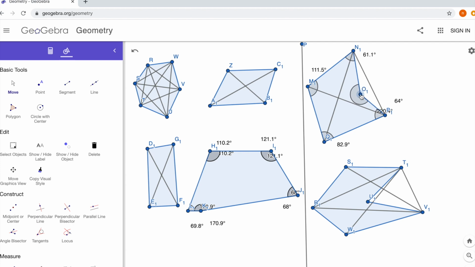And if I move it a little in the outward direction, you see that the angles are decreasing. And if it is approximately 180 degrees, we see that all diagonals lie in the interior of the polygon. And you see that 3 points are on the same line.